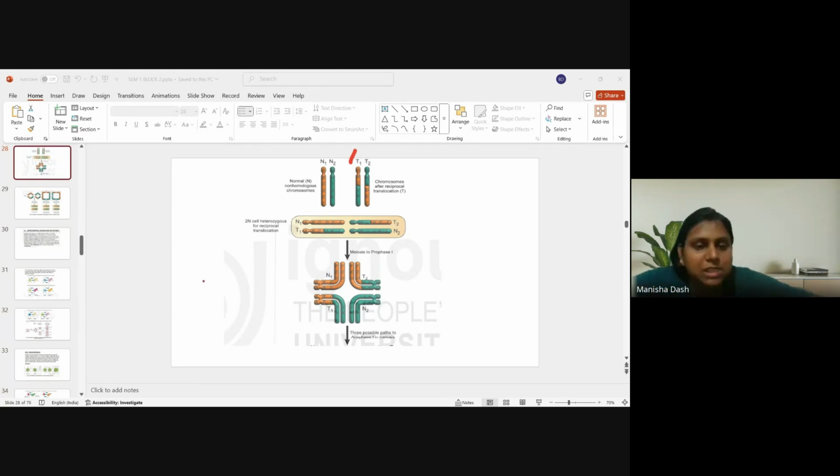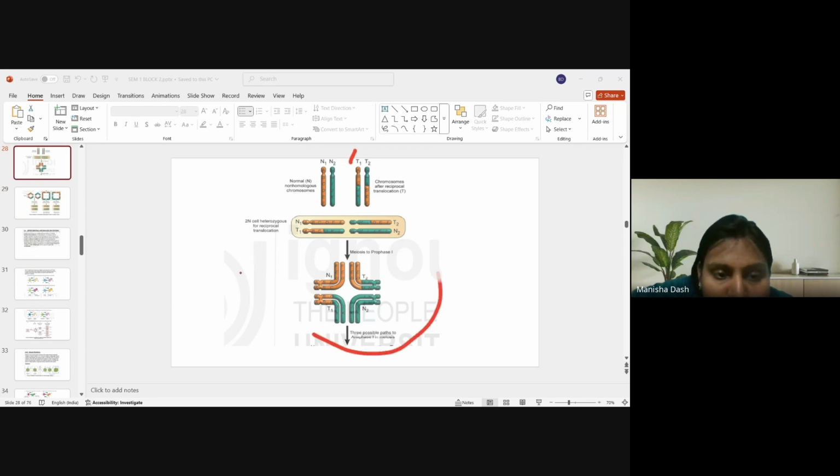Now during meiosis, as we saw in case of inversion, the proper alignment should be there so that the genes could come close to each other. This is how the chromatids will be aligned during meiosis. These are the normal chromosomes, and these are the translocated chromosomes.